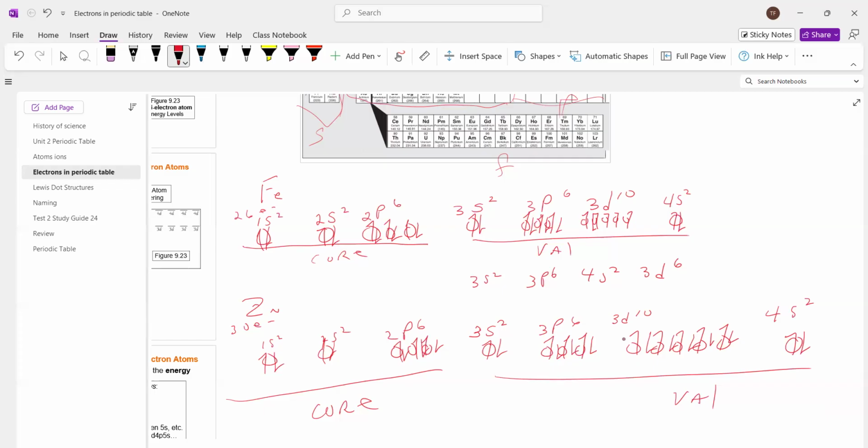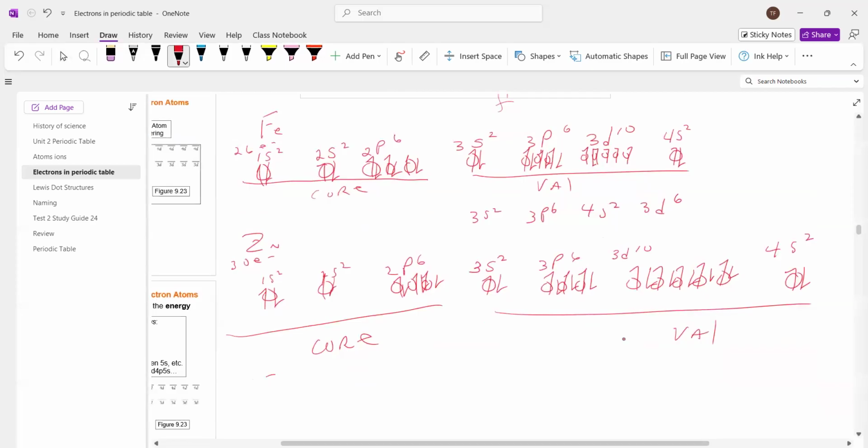So zinc forms a +2 ion. That means it's missing 2 electrons. Which 2 go? Which are the least stable? Those are the ones that go.